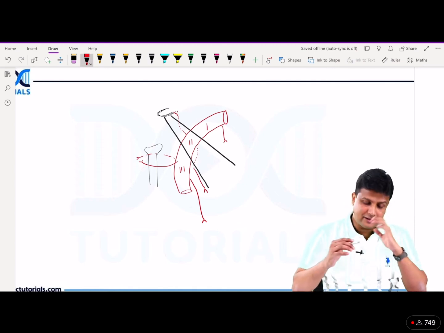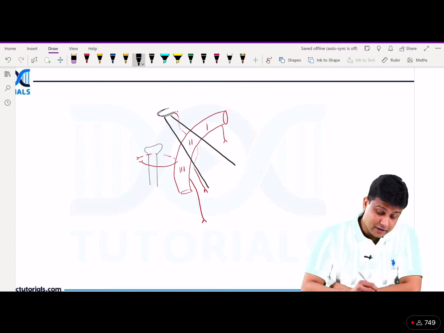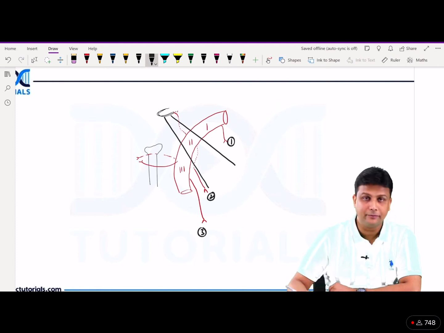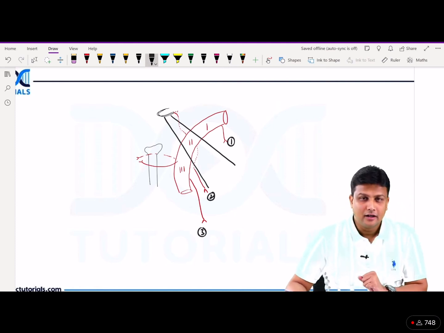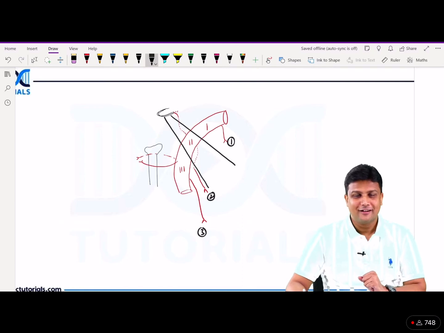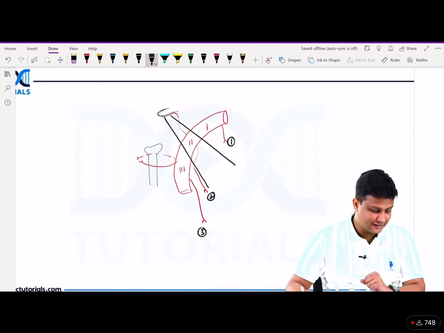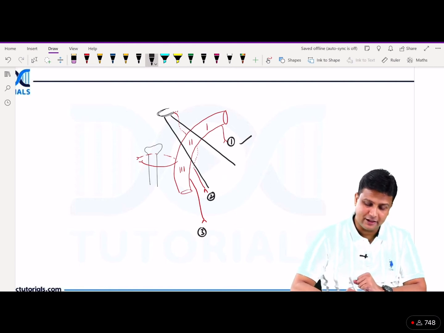In this hand drawn diagram they have asked the names of these branches sequentially. For example, they have marked something like number 1 here, this one was number 2, and this one was number 3, and they have asked the names of these 3 branches in the options. Sequentially you have to answer which is the first one, second one, third one, guys. So the first one here is the superior thoracic artery, let's try.